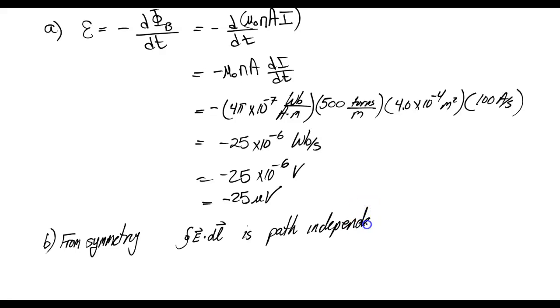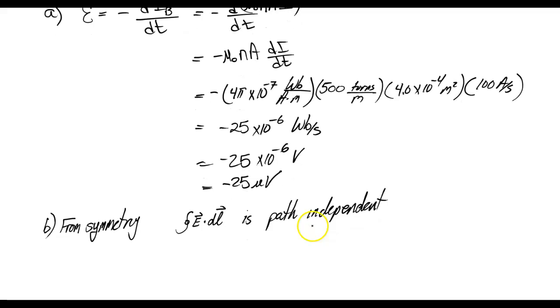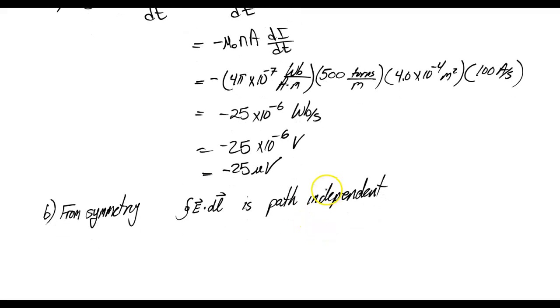So it doesn't matter which direction we integrate around the loop, it's going to give us the same value, and that value is going to be given by the absolute value of 2 pi r times E, right? 2 pi r being the circumference around the loop, E being the electric field.